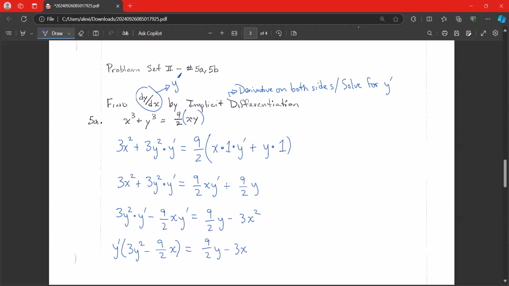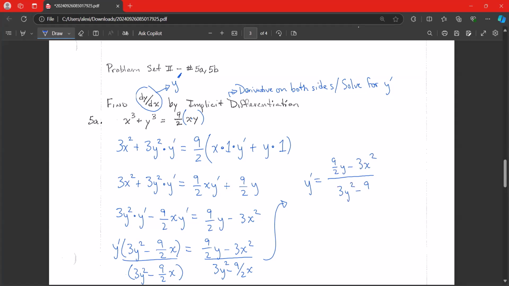And then lastly, I'll divide by what I have in parentheses. And we'll end up with y prime equals 9/2 y minus 3x squared over 3y squared minus 9/2 x.